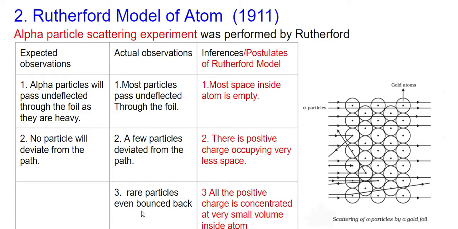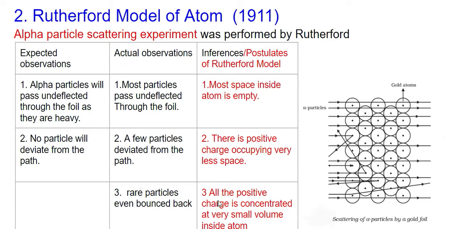And still another observation was still more surprising. Rare particles even bounced back. You can see some of the particles coming back at 180 degrees. Now what does that mean? Alpha particles are positively charged particles. If they are coming back, that means they are being repelled by positive charge. And if they are being repelled, that means something comparable is there in terms of charge.